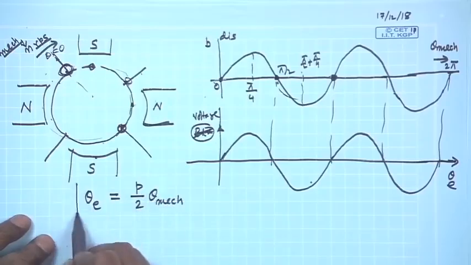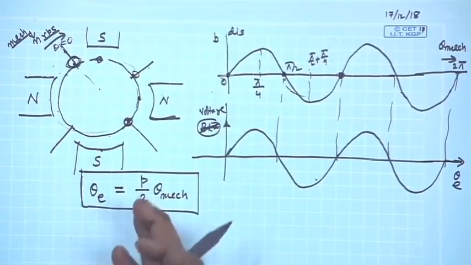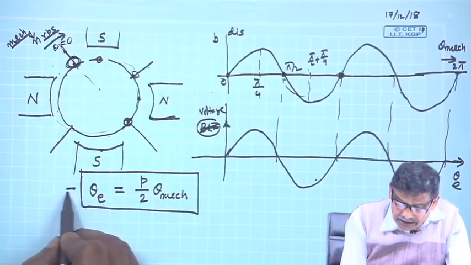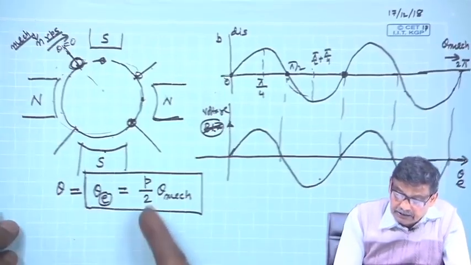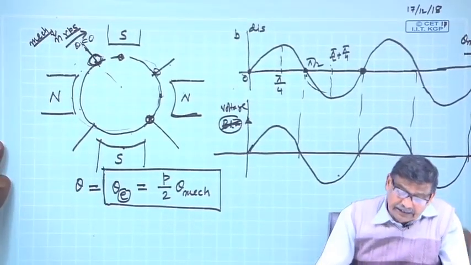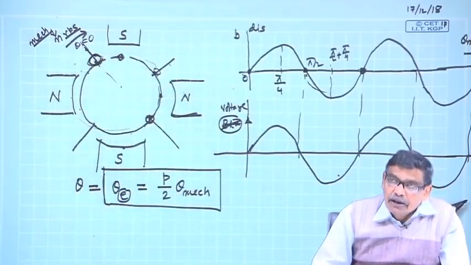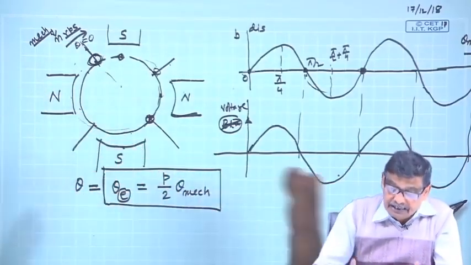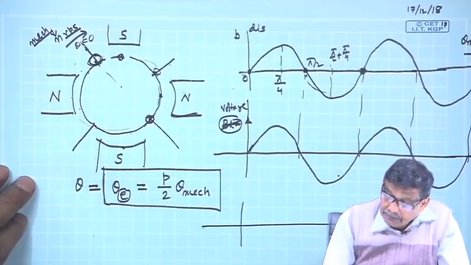So, time has come to distinguish between these two angles when it is a multipolar machine. If p equal to 2, theta electrical is equal to theta mechanical, and theta electrical, as I told you, I will indicate simply by theta. Okay. So, theta electrical is p by 2 theta mechanical. That is, over 360-degree mechanical angle, you have now brought in another two poles squeezed, same mechanical angle 360-degree in terms of mechanical angle.